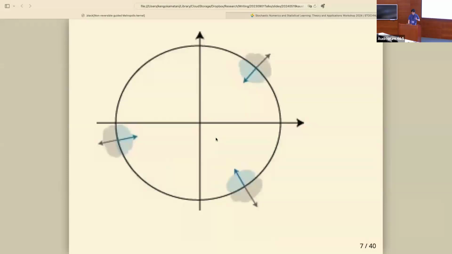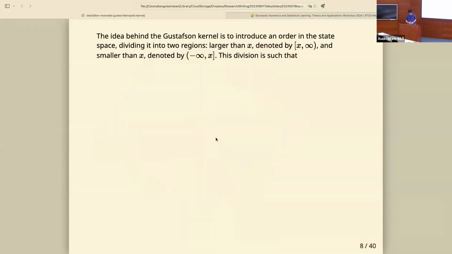So this is our plan. It's not so complicated, a very simple idea. The idea behind Gustafson's method, the green method, is as follows. For any state X, we divide the state space into two parts, the bigger part and the smaller part. If the positive direction is selected, we go bigger and bigger, and if the negative direction is selected, we go smaller and smaller.